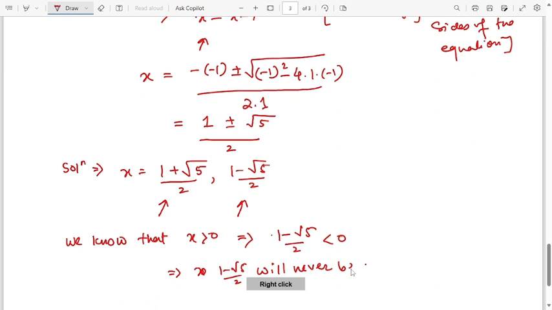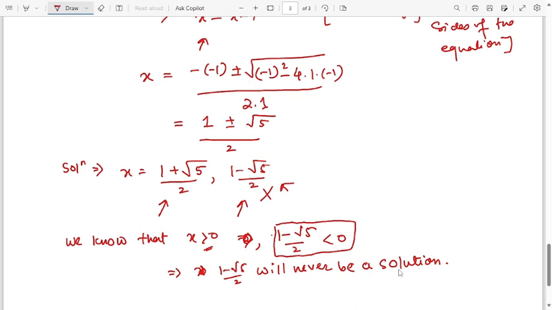So this choice has been cancelled out. This will never be x because x is always greater than 0, but this one is less than 0.